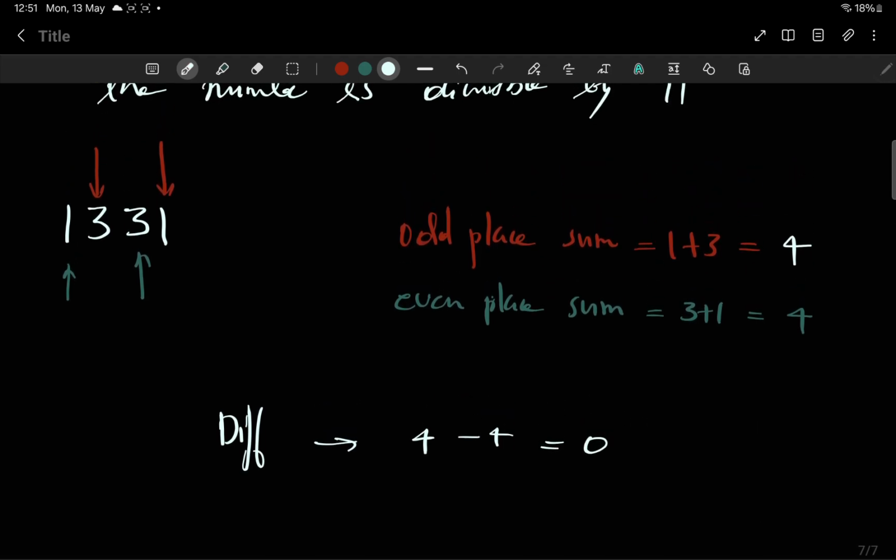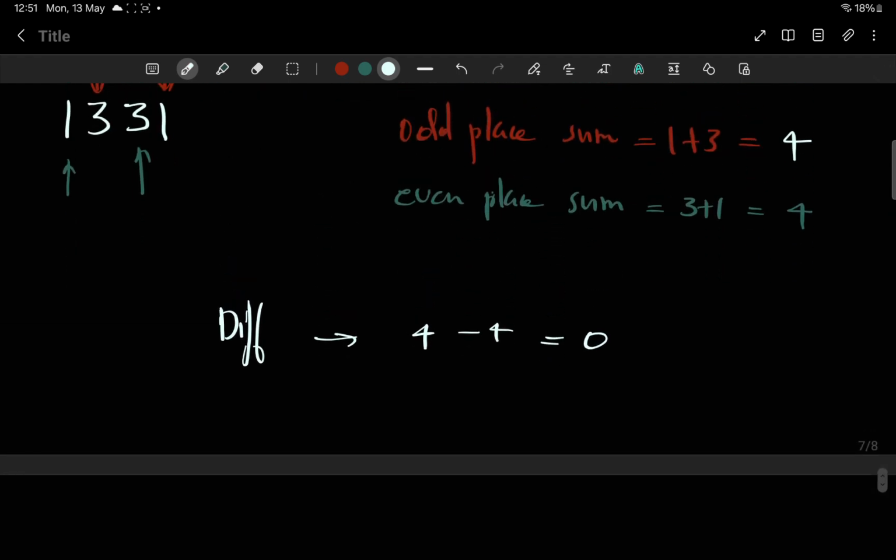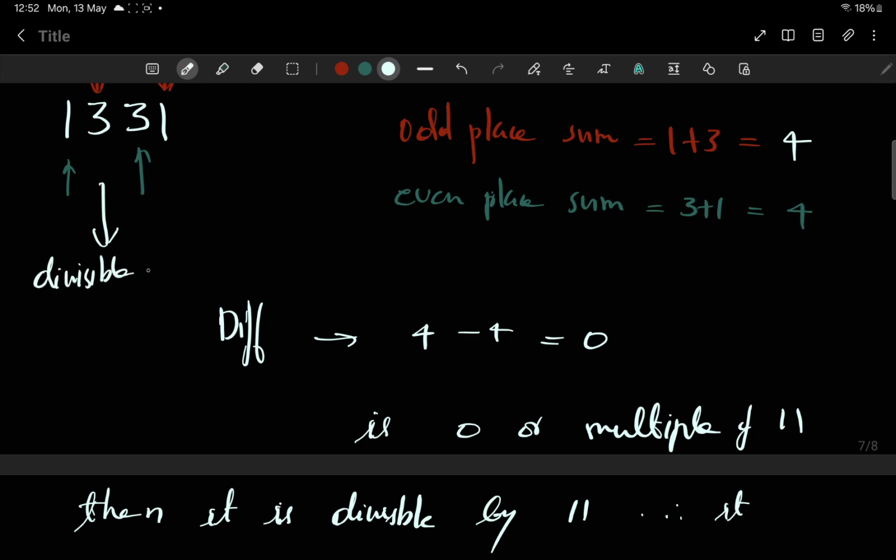So if that difference is 0 or a multiple of 11, then it is divisible by 11. Therefore this 1331 is divisible by 11.